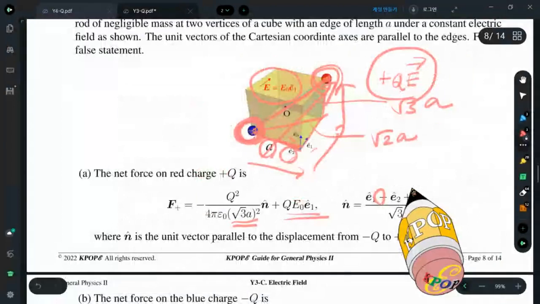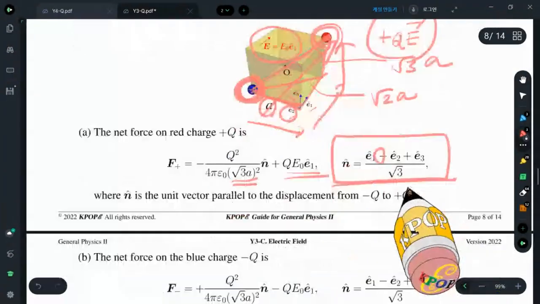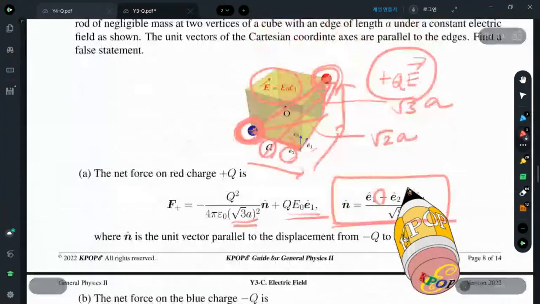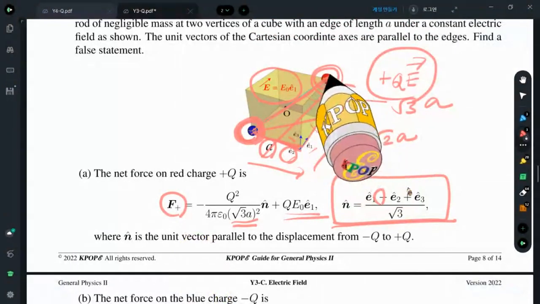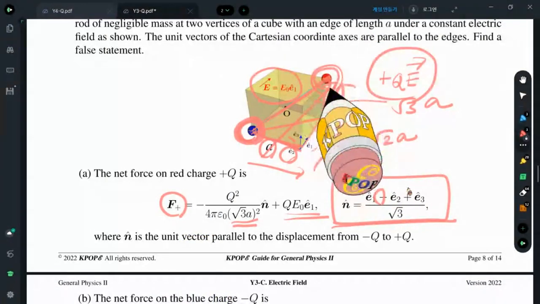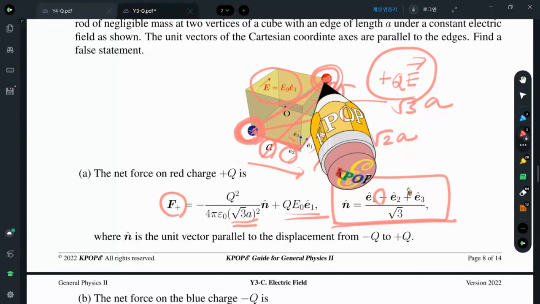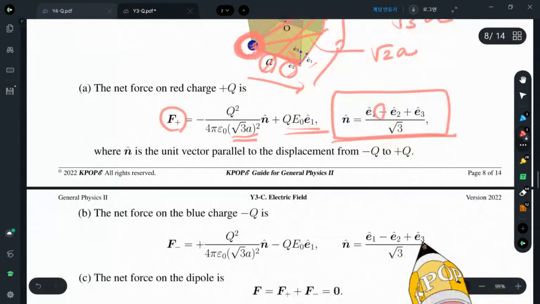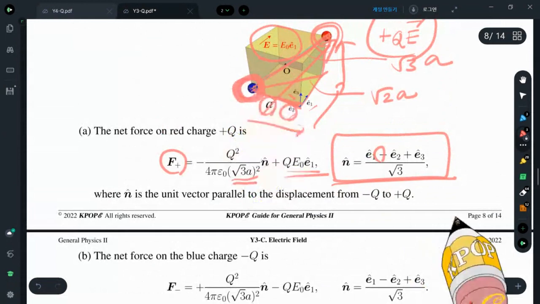Okay, so that unit vector is obtained like that. If we consider this, we are able to compute the electrostatic force applied to the red charge. We can also compute the electric force on the blue charge.